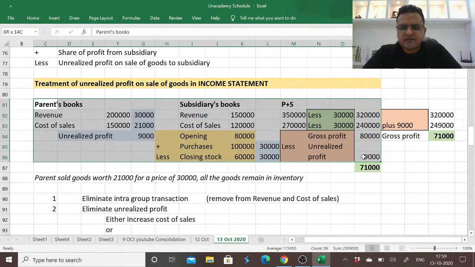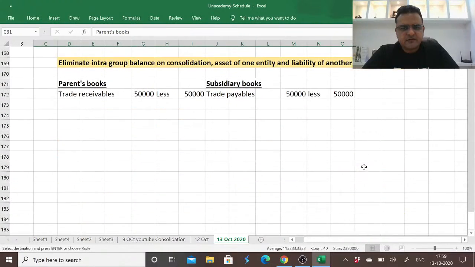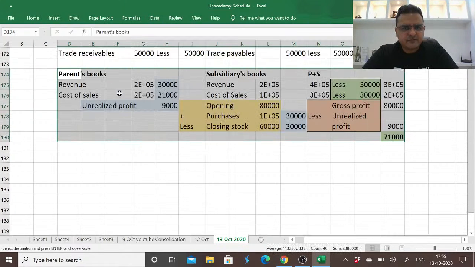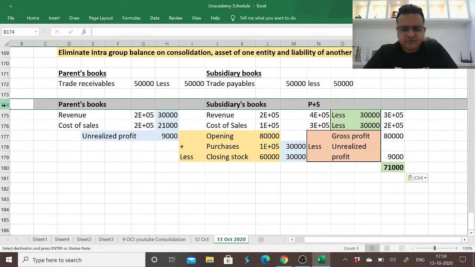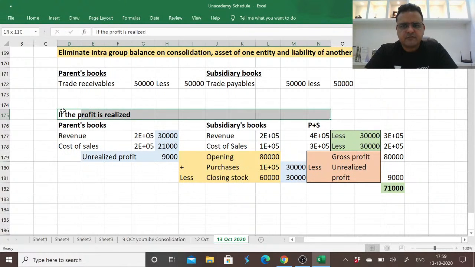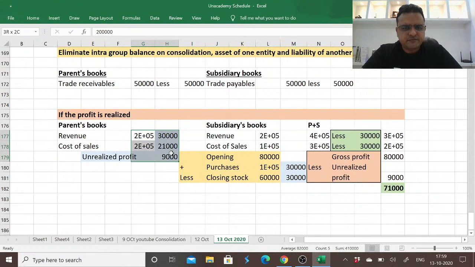Now if this is the case, if the sale is realized, if the profit is realized, then what happens?